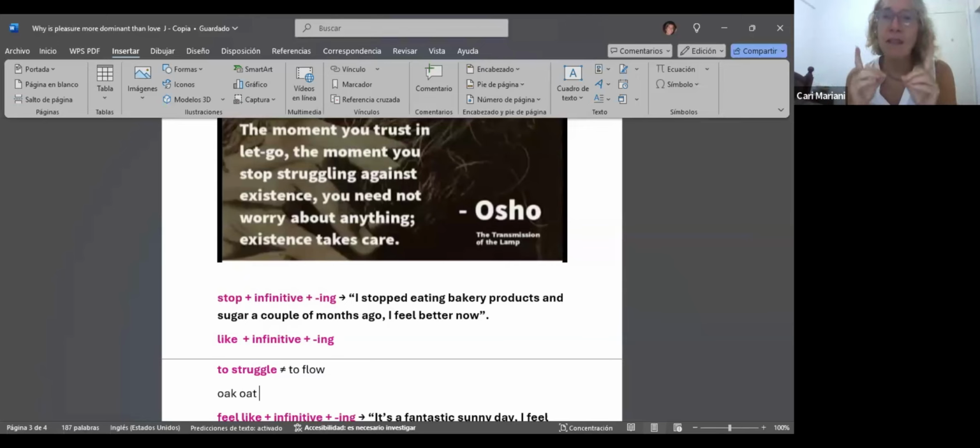This is something that is commonly misunderstood by some people. When they begin their spiritual path, they go to the opposite side and they deny their physical side.